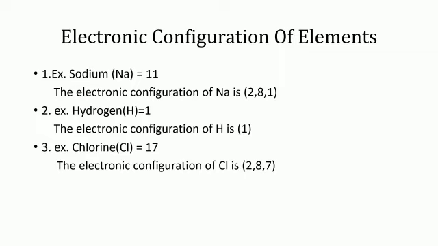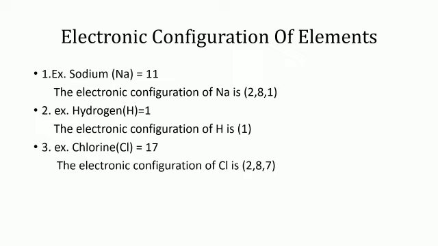The electrons are distributed according to the maximum capacity of the shell. Each electron in a particular shell has a definite energy. Energy of electrons in the first shell, that is the K shell, is the lowest.